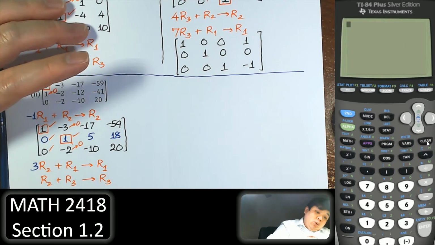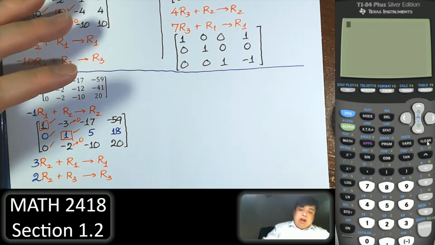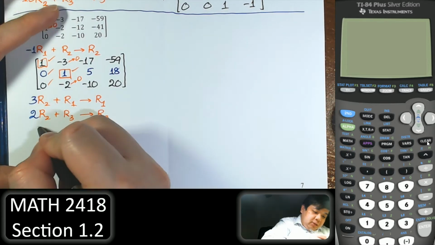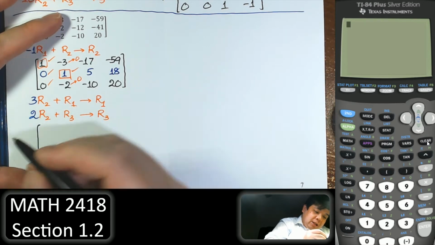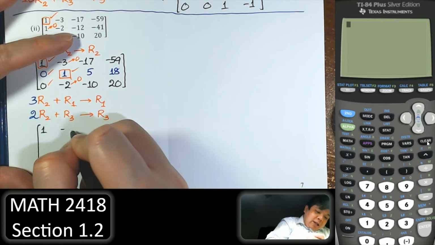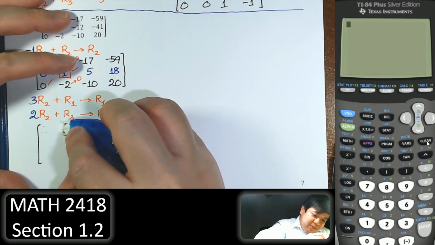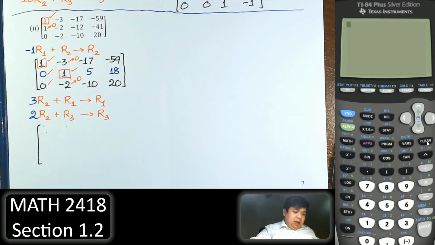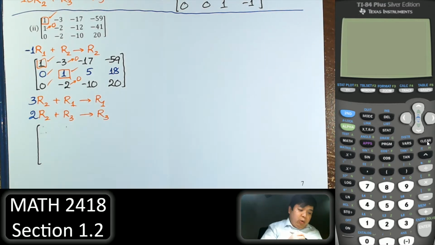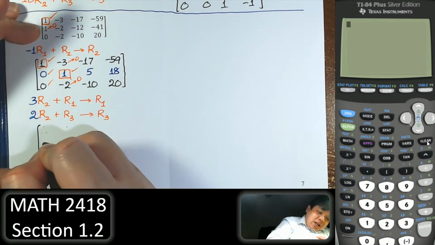The opposite of -2 is 2. Row 1 will change, row 3 will change, row 2 will stay the same.